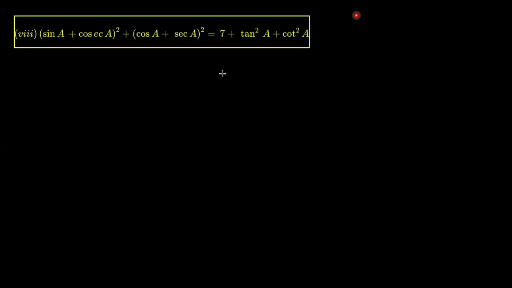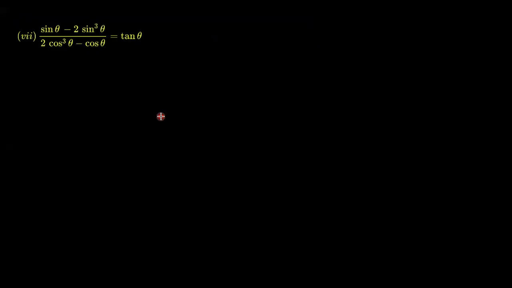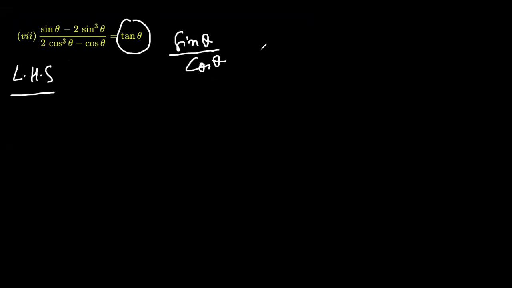The next one is question number 7, part of question number 5. We have to prove sine theta minus 2 sine cube theta divided by 2 cos cube theta minus cos theta equal to tan theta. So let's take the left hand side, and as we see, tan theta is sine theta by cos theta.